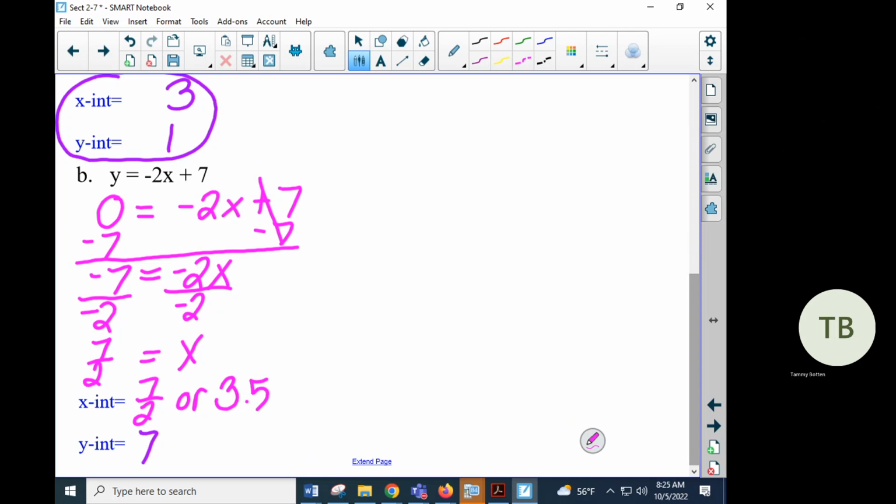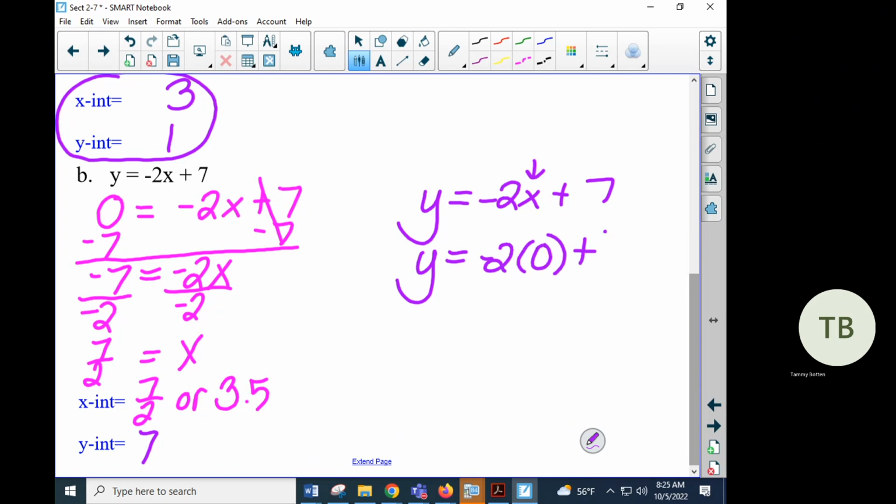Now, if you forgot that that's slope intercept form, if you did it the other way, what it was is we put 0 in for x. So it's -2 times 0 plus 7. And this would be 0 plus 7. So our y-intercept would be 7.